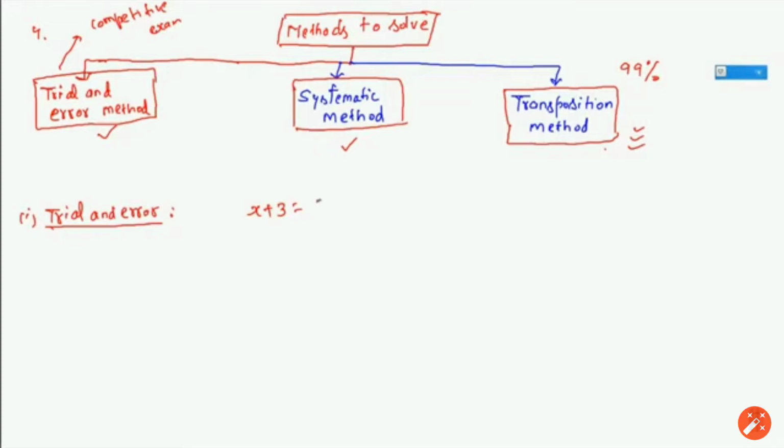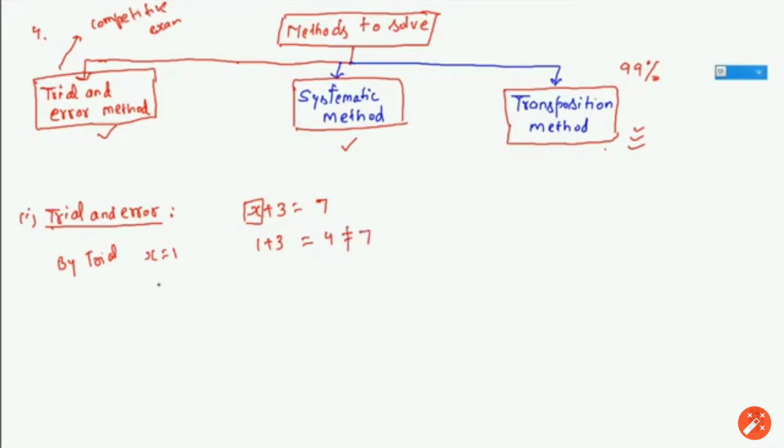For example, by taking the first method, trial and error method, suppose we have x plus 3 is equal to 7. Here x is the variable. By trial we put x equal to 1. It will be 1 plus 3 is equal to 4.